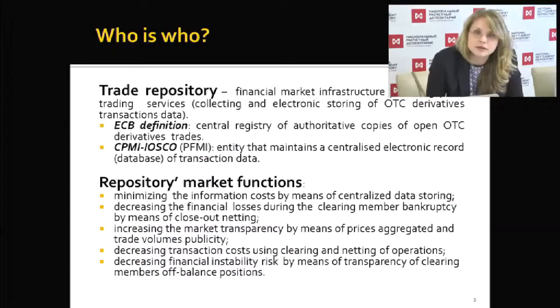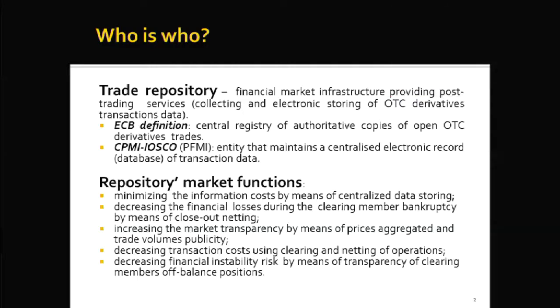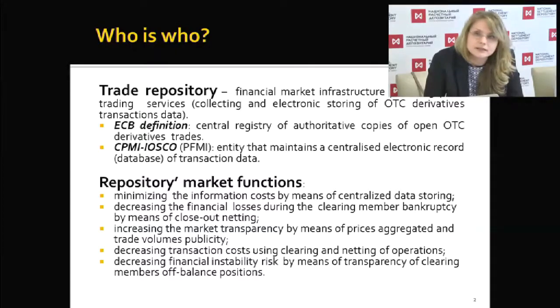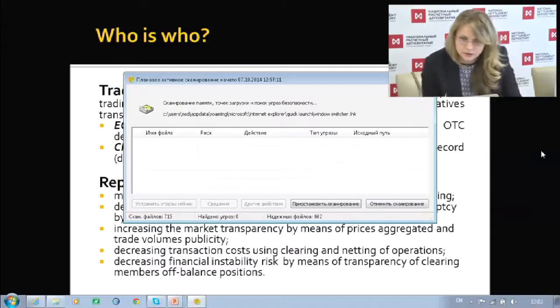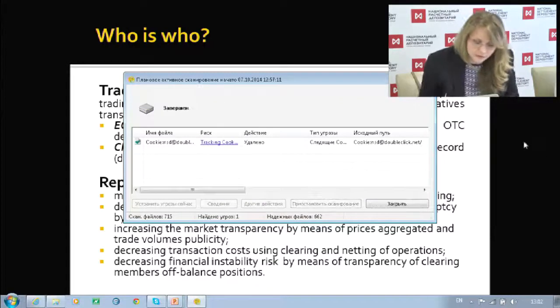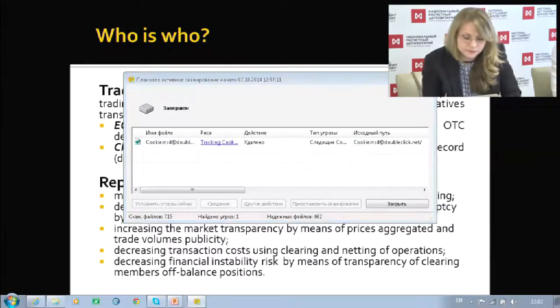A trade repository is a financial market infrastructure providing trading services: collecting and electronic storing of OTC derivatives transactions data. If we look at the ECB definition, a trade repository is a central registry of authoritative copies of open OTC derivatives trades.